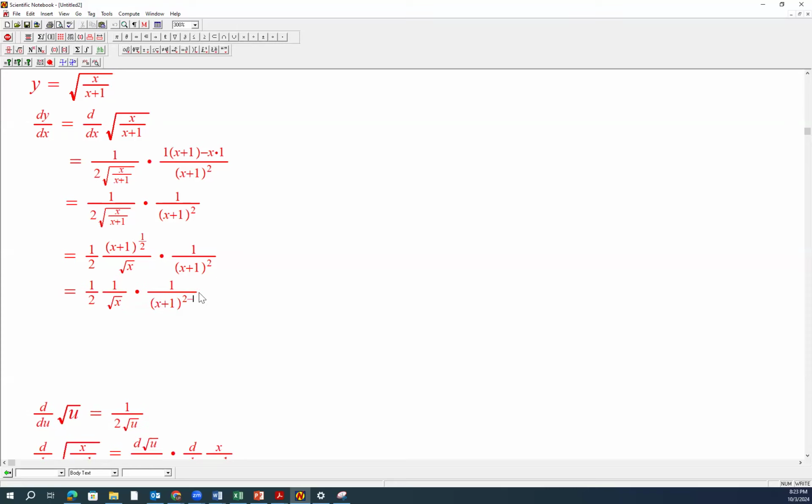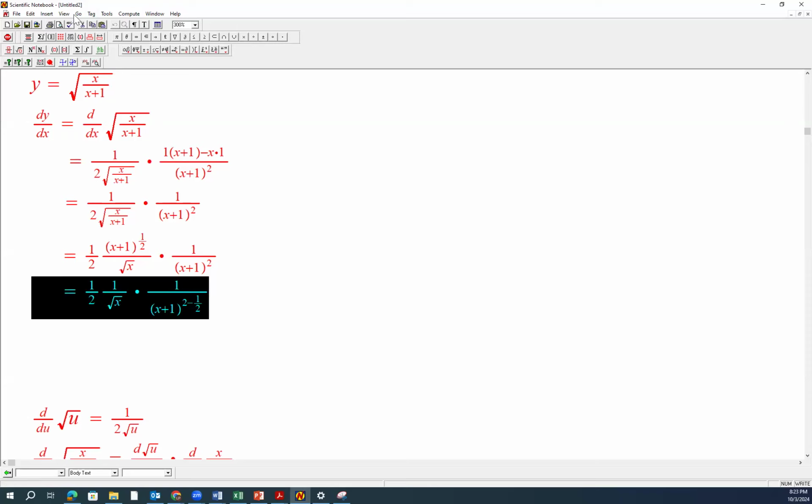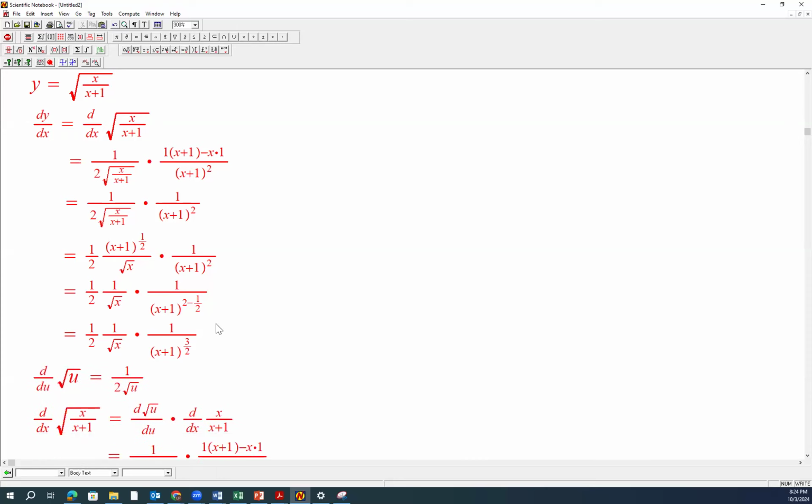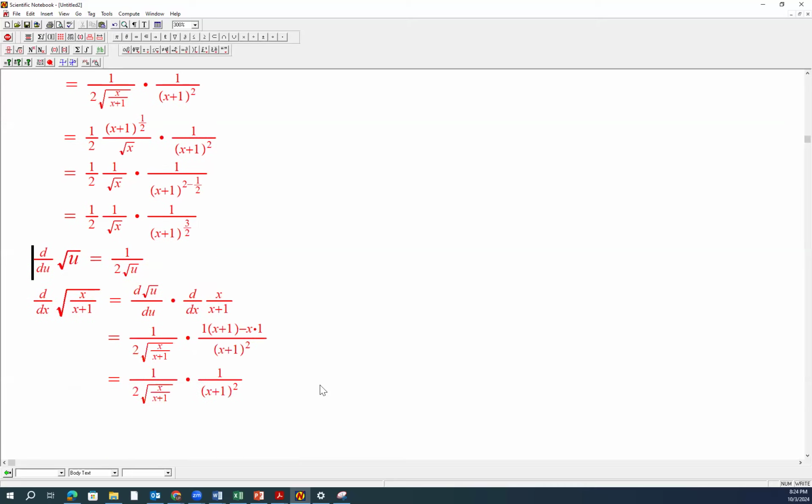That's going to be 2 minus half. 2 minus half, of course, that's just 3 half. Okay, so that's going to be a 3 half exponent. All right. Okay. So that's one way to do it, applying chain rule.